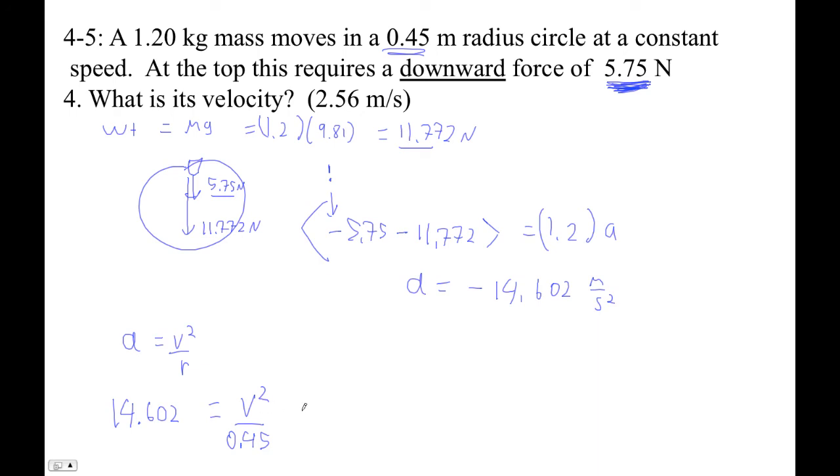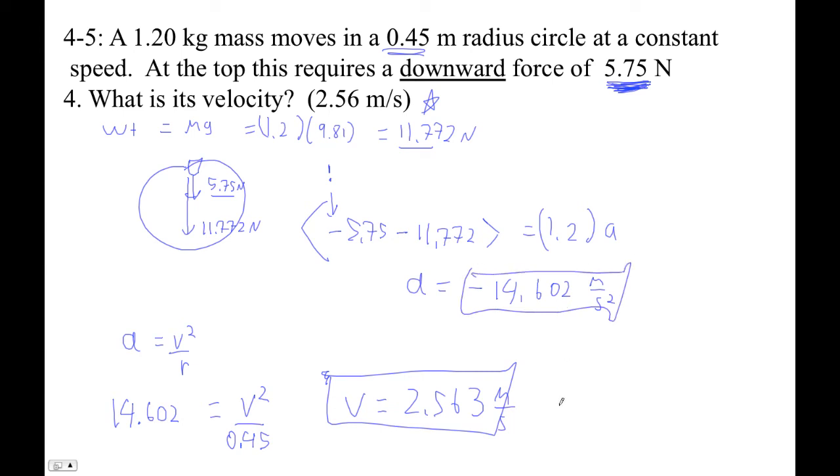I need 2.563. Yay. Oh, that's meters per second. So we've got that. In part 4, we're going to use this acceleration.